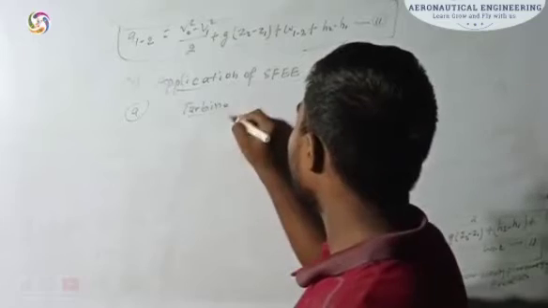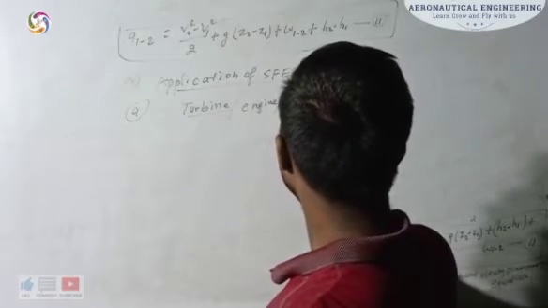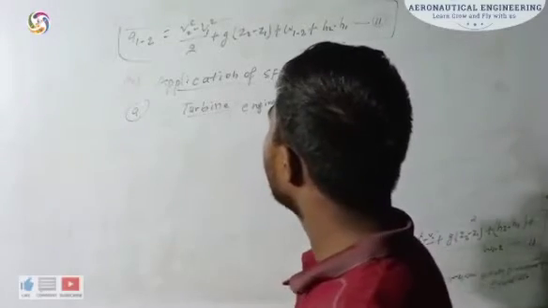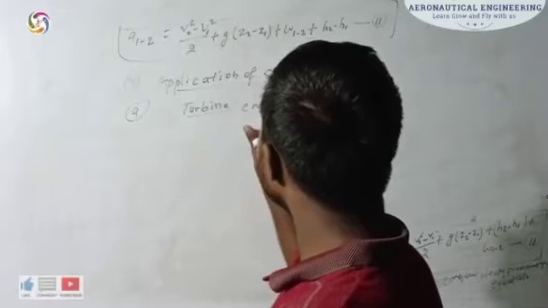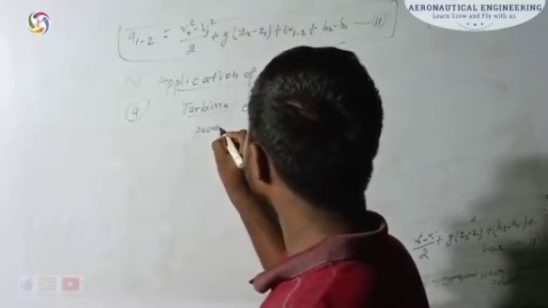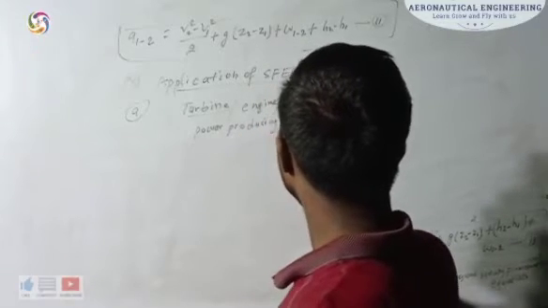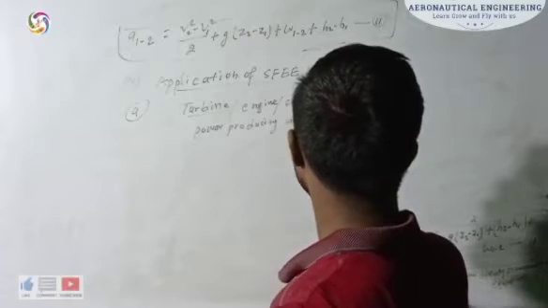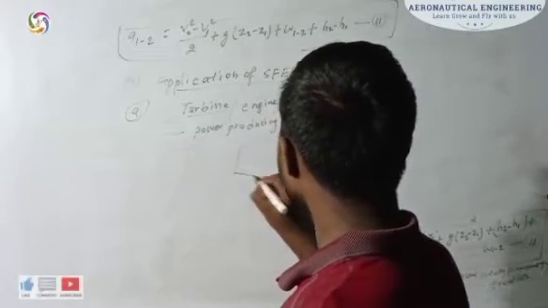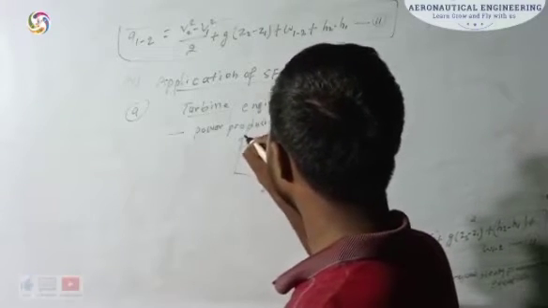So in the case of a turbine or engine or compressor, these are power producing devices. First point: see, this one is a turbine, this one is the inlet of the turbine, this one is the outlet of the turbine.